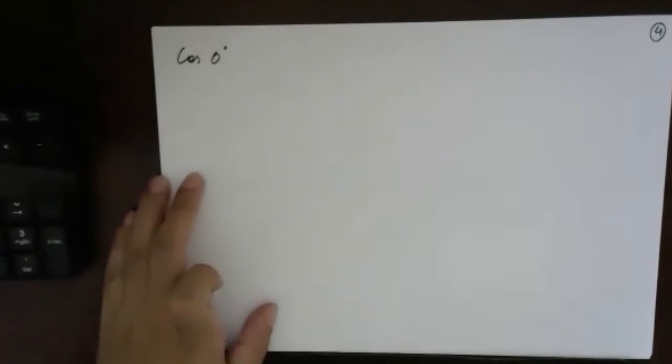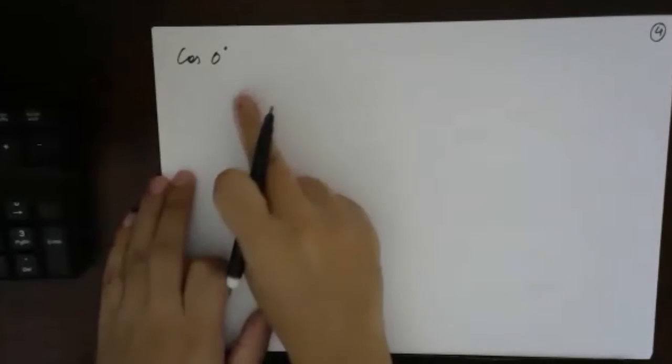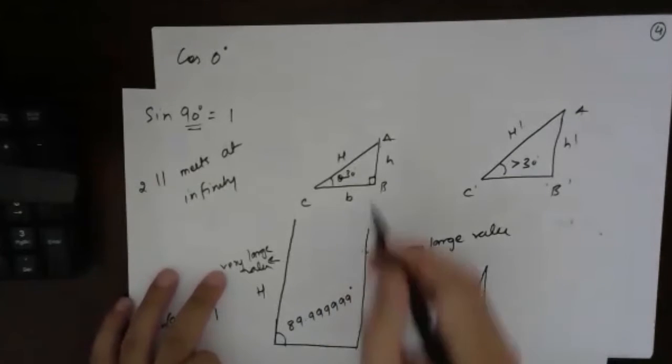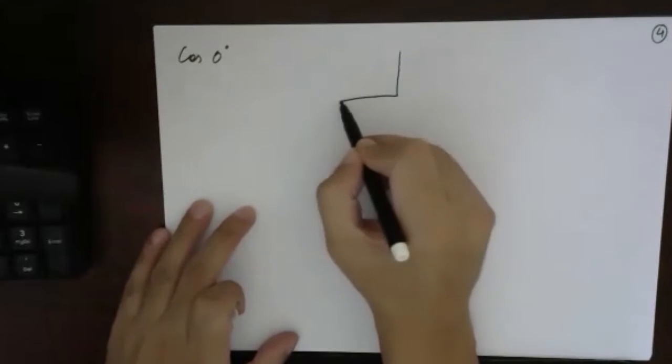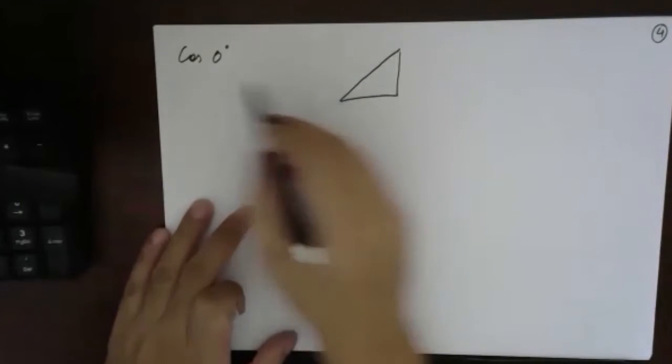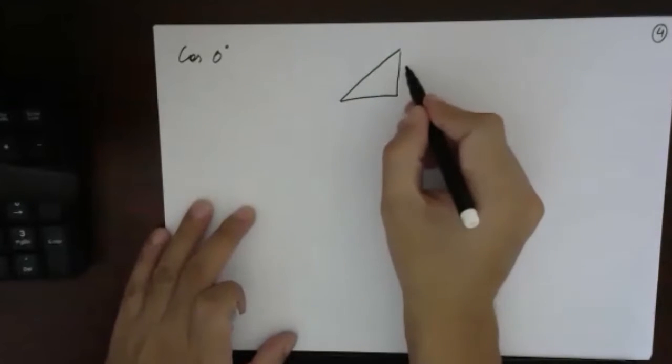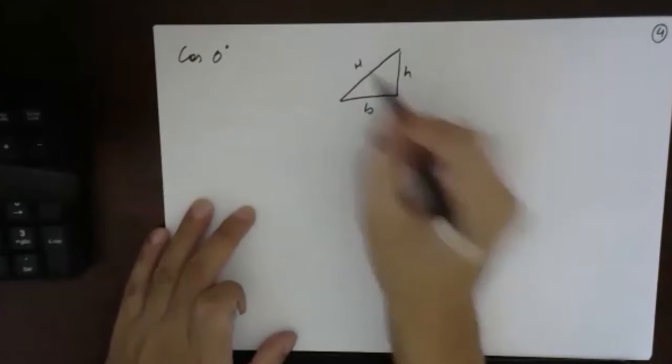So now this was for sine. Let's see for cos. Cos of 0 degree. Now see, I made one. This is suppose a triangle. So cos of 0 degree. This was height, this was base, this was hypotenuse, right?